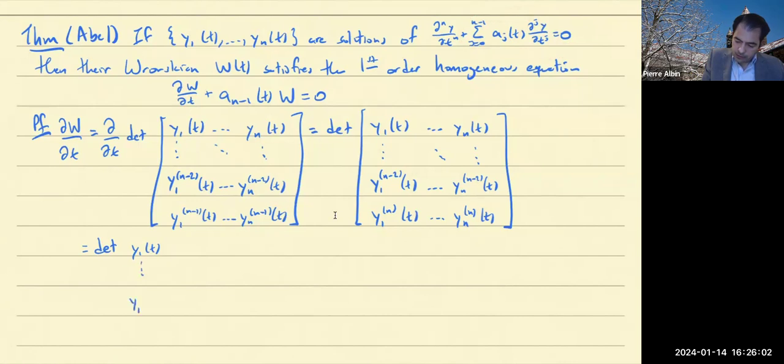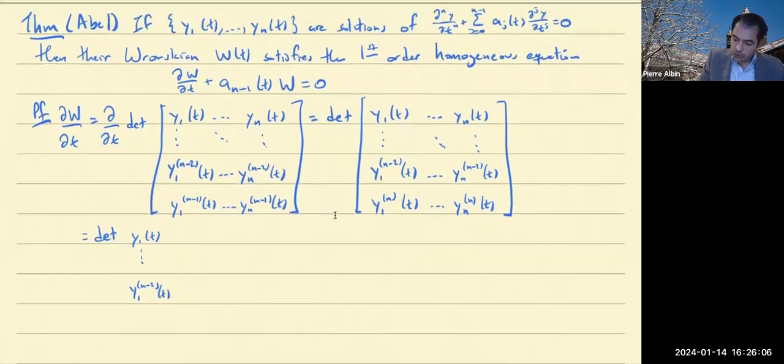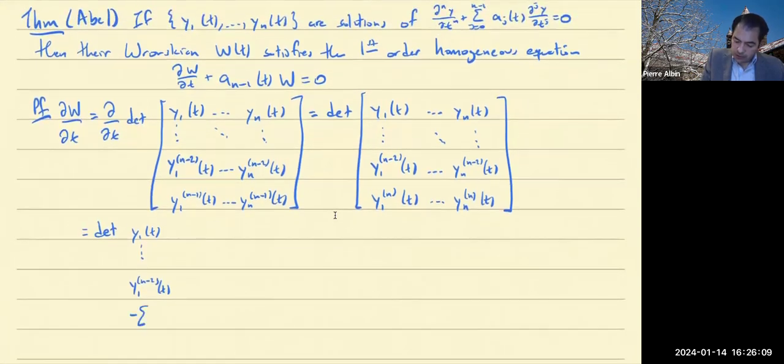So you get the next to last row. And then this final row, I can replace it with minus the sum a_j, j goes from 0 to n minus 1, of t times the jth derivative of y1. Actually, let me denote this y_1^(j) of t. Right, and same thing here, this final term.